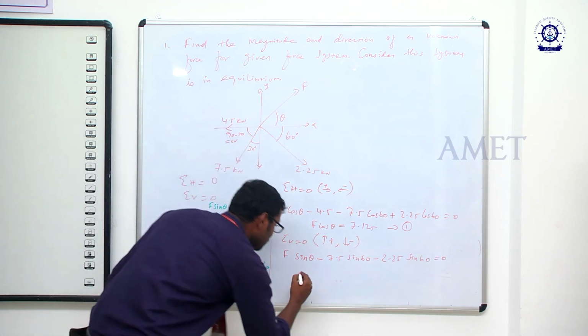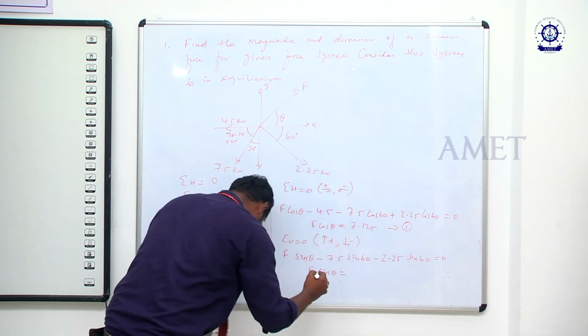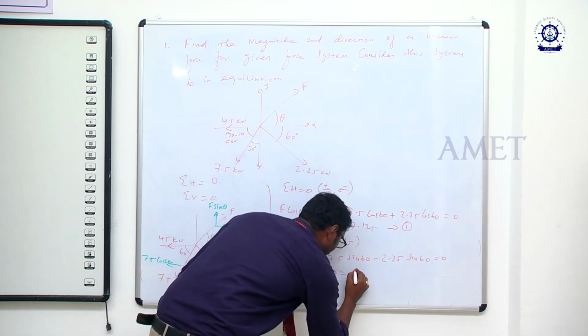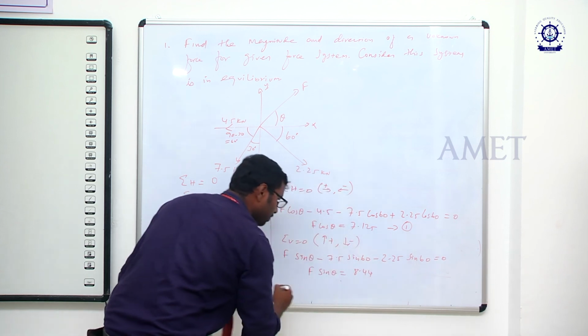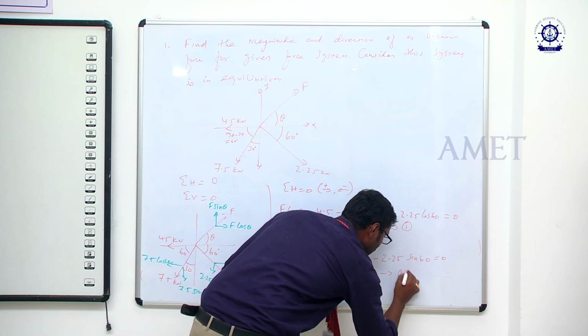While solving this equation, we get F sin theta equal to 8.44. So this is equation 2.